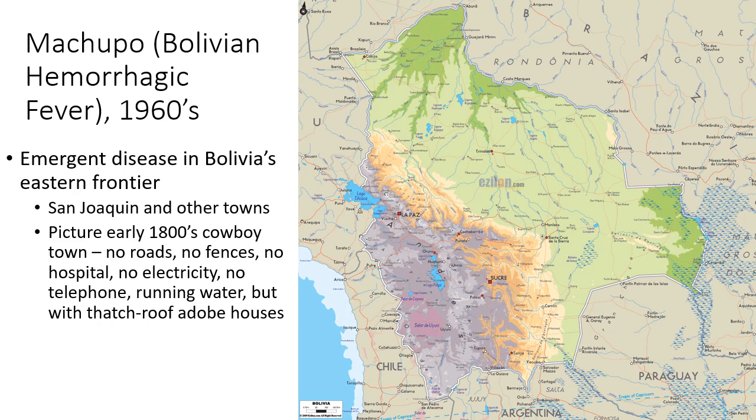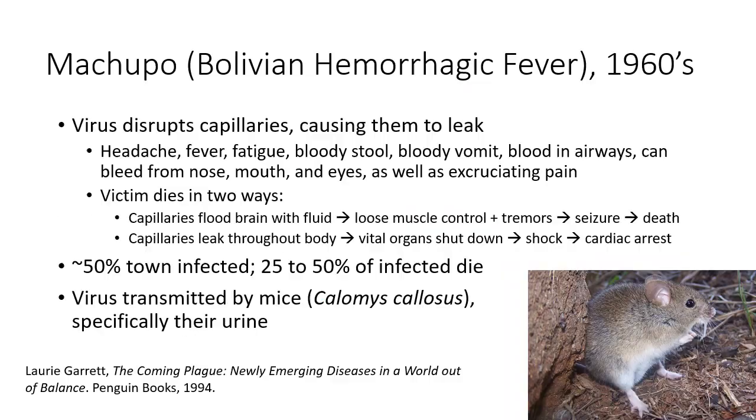Okay. And in this town of San Joaquin, there is a fever that starts to break out, and people start to bleed from their nose, their mouth, their eyes, and everything, and then people start dying. And when the health authorities got there, they found that this was a new virus that was coming from mouse populations in that area.